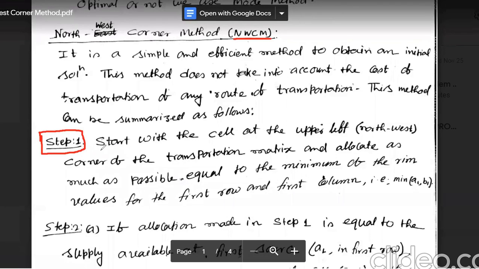So from where to start? As you have seen, I have already discussed the transportation table.